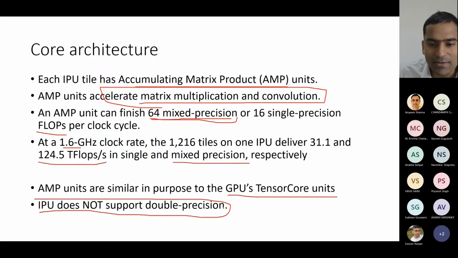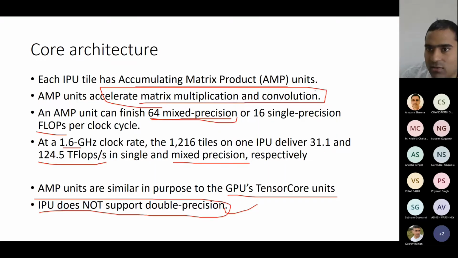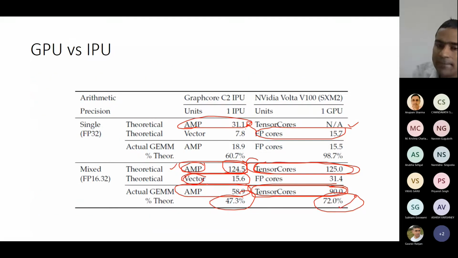So don't think it's a big red signal; I mentioned it just for completeness. So it has EMP units and it also has vector units. That's why two performances are shown. Both units are there.